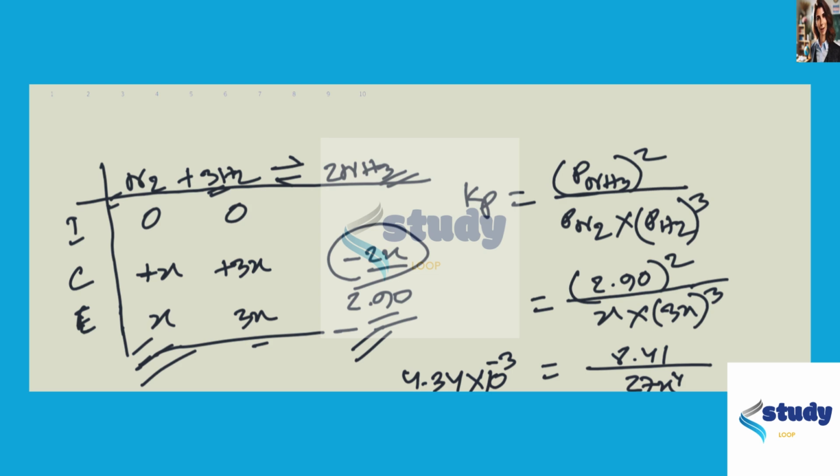Okay, the change is minus 2x, which means the initial will be this plus 2x.